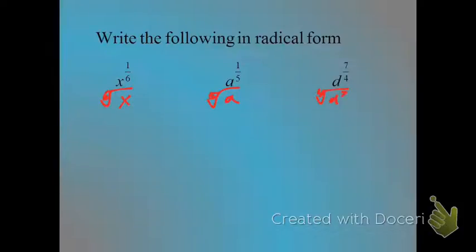Now there are two ways you could write the power. You could also do it as the 4th root of d, all to the 7th. It's not going to come up too much for me to care which way you do it. Whichever way you prefer, with the variable inside or the whole radical raised to the power, either way is fine.